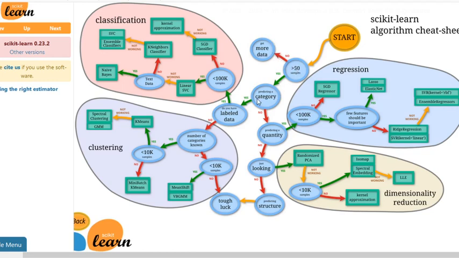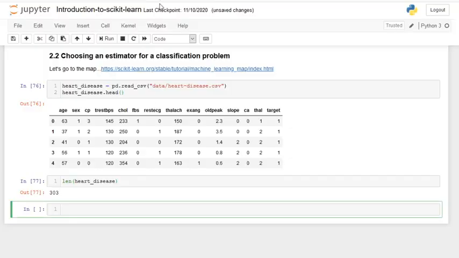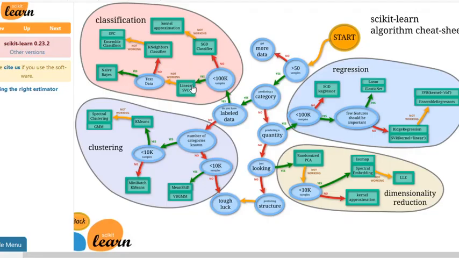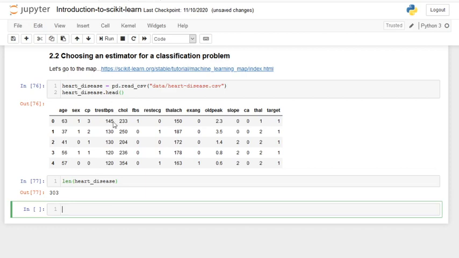Are we predicting a category? Yes. A category is like one thing or another. Do we have labeled data? Yes. Do we have less than 100k samples? Definitely. So the first thing it says here is linear SVC. Let's put some markdown here.